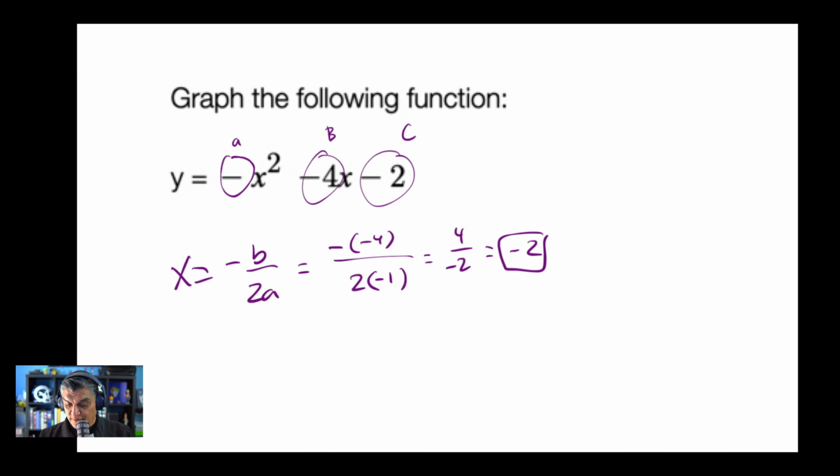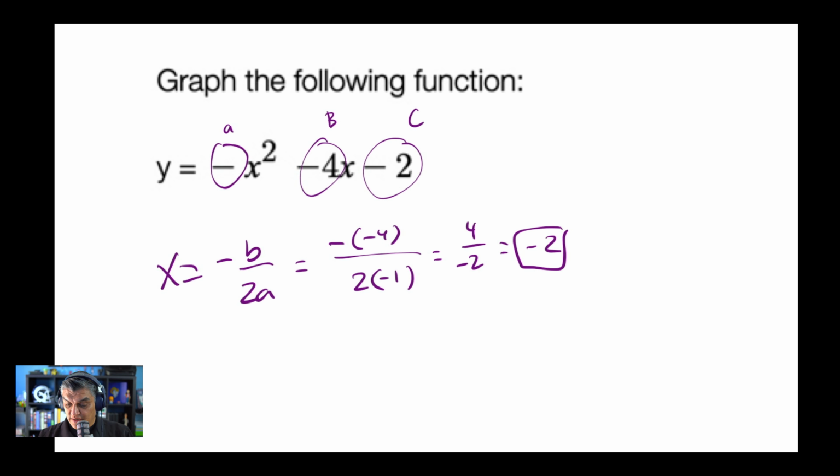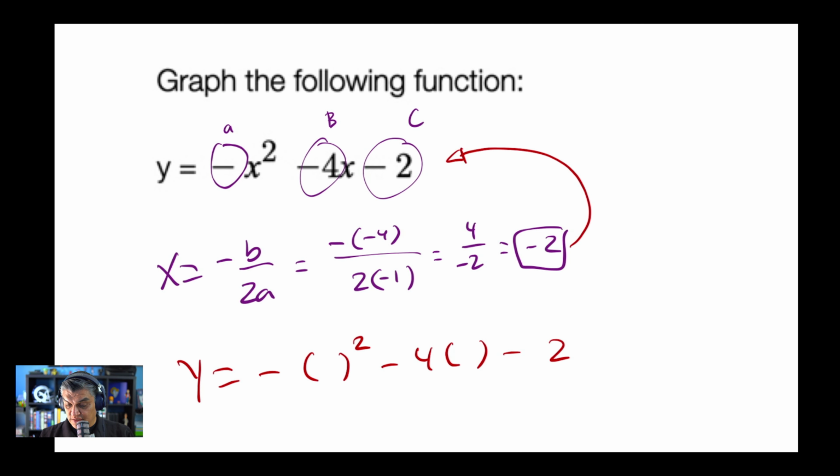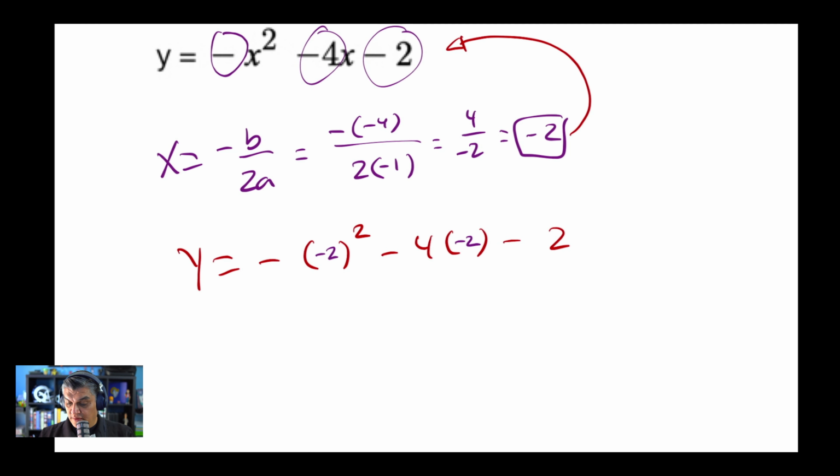Okay, so how do I figure out the y value where my vertex is? Well, I just get that x value and I plug it in. So y equals negative blank squared minus 4 blank minus 2, and the blank is the x we just found, which is negative 2. So we plug it in there and we get, now remember, squaring, I'm only squaring the x, so I'm only squaring the negative 2. This negative is separate. This negative is the coefficient of x squared. It's separate from the squared.